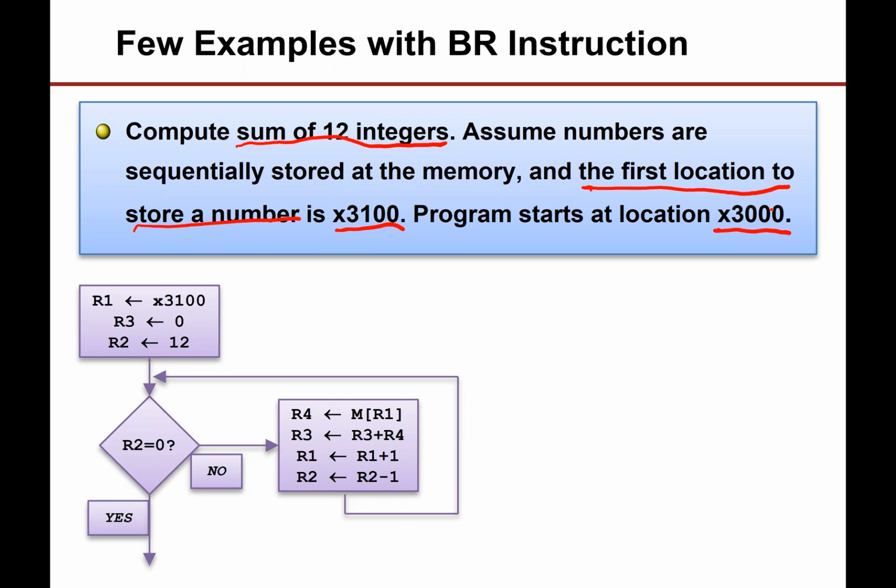So for the flow chart here, we have this flow chart. We're using R2 to store the 12 as the counter, right? And see whether the number stored in R2 is 0, right?